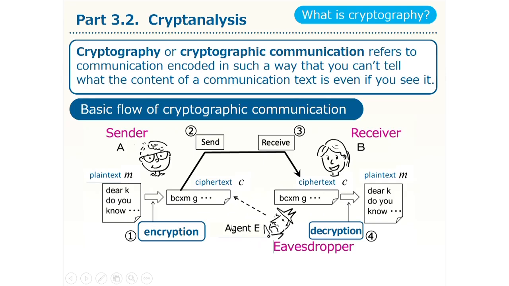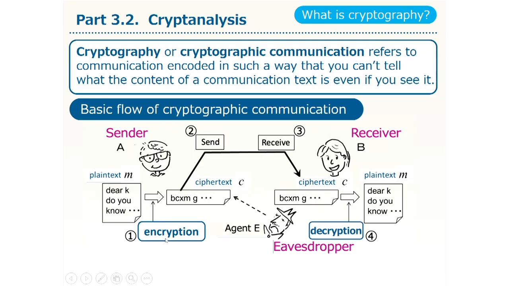There must be a text that the sender wishes to send to B. Such a source text is called a plain text in cryptography. On the other hand, once we encrypt that, it is called ciphertext. Creating a ciphertext from a plain text is called encryption.